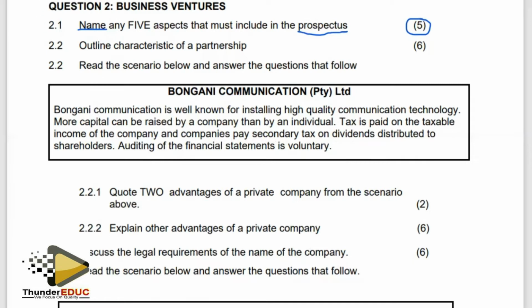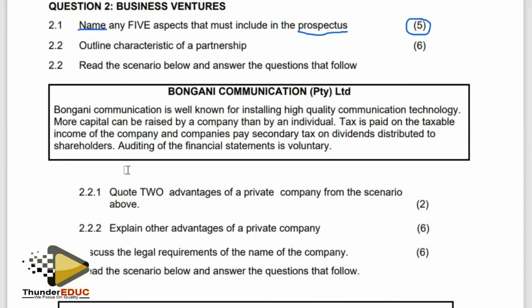So we are required to quote advantages of a private company from the scenario. Let's first highlight in this.